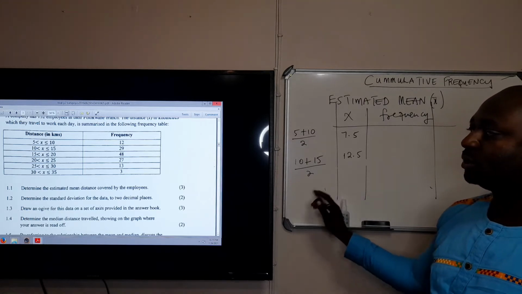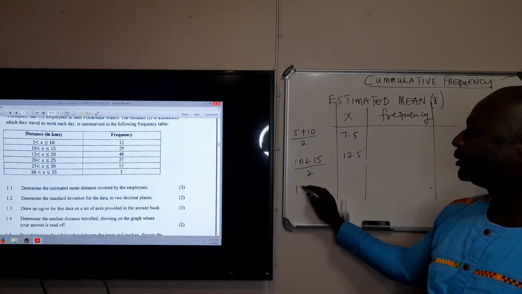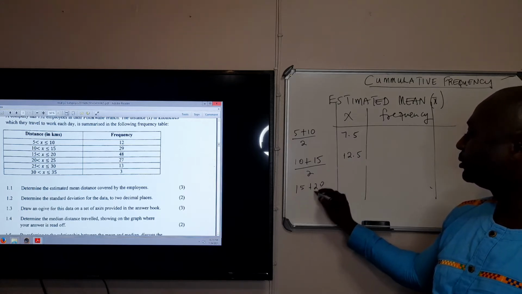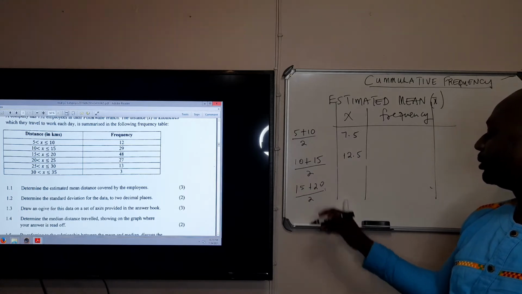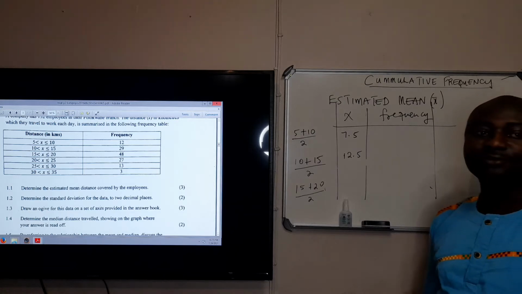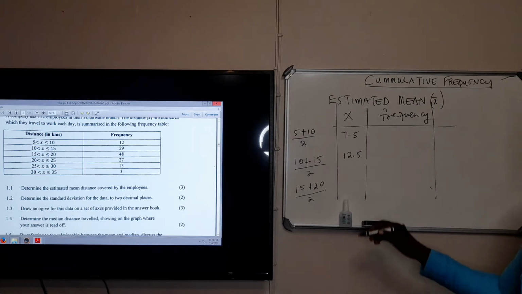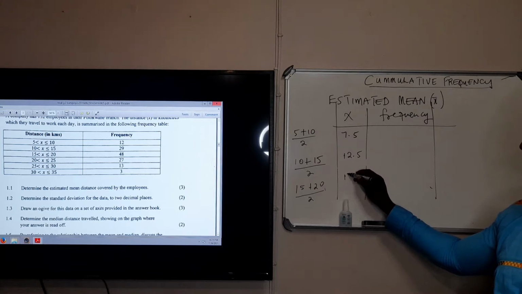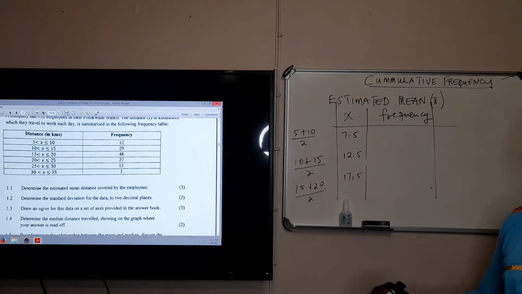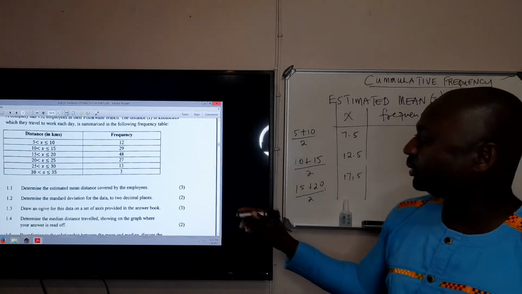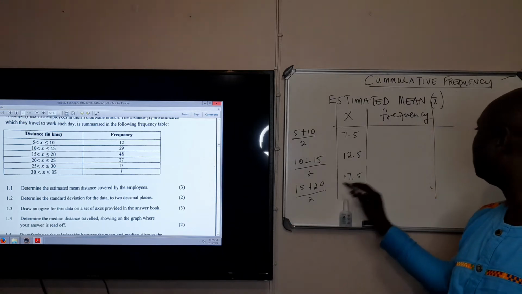Next you'll have 15 plus 20 divided by 2. 15 plus 20 is 35, and 35 divided by 2 is 17.5.